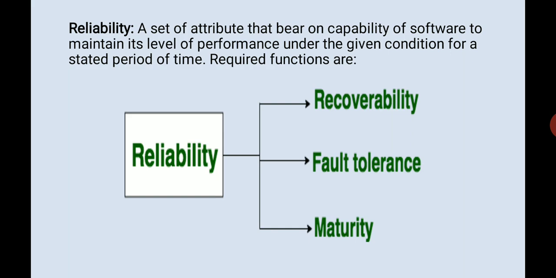It is meant to do its intended purpose. And then maturity: the software has become mature and can tell which few errors can be neglected because they do not cause harm to my system, and which will cause harm. So that is the maturity level: this is to be taken care of, and these can be dealt with later.